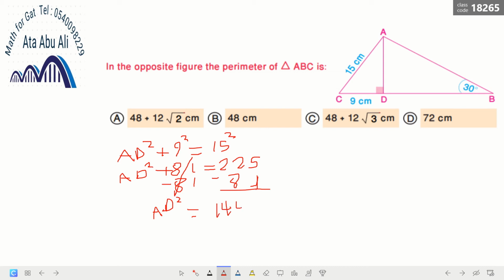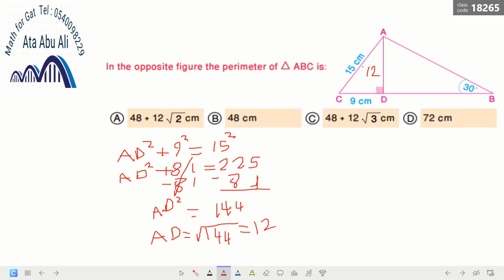Now we take the square root of both sides. AD is equal to the positive square root, because it's a length, and I don't need the negative square root. The square root of 144 is 12. So here AD is equal to 12.